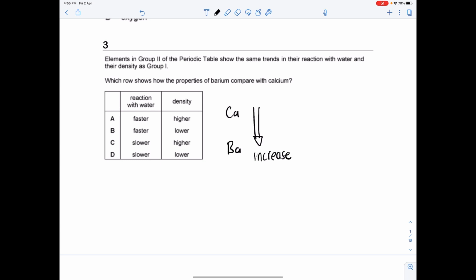We know that because it says it's the same as group 1. We also know that the density will increase going down the group. So we know that they have faster reactions, so it can't be C, it can't be D, and then we know that the density will be higher, so it can't be B. It must be A.